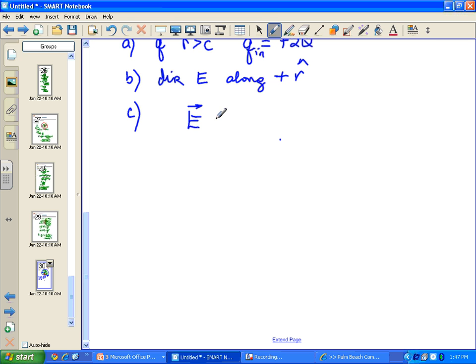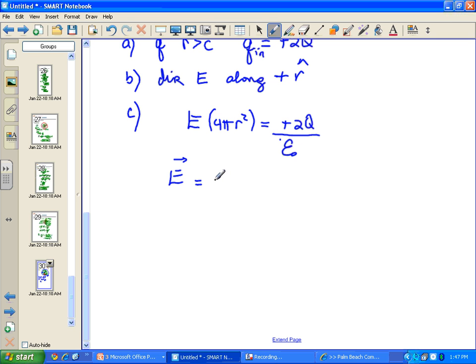Before we go ahead, let's get a little eraser here and erase that. Let's just work with Gauss's law. We know that the area of the Gaussian surface is 4 pi r squared. We know the charge inside is plus 2q divided by epsilon naught. Now we're ready to write it as a vector, 4 pi epsilon naught is k.